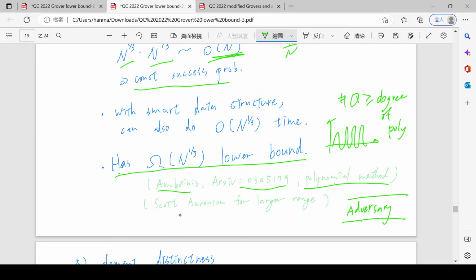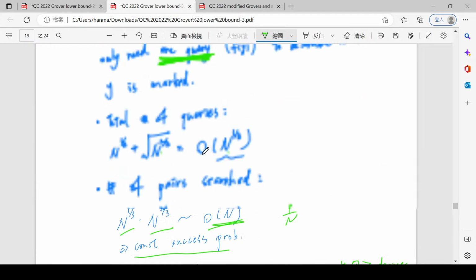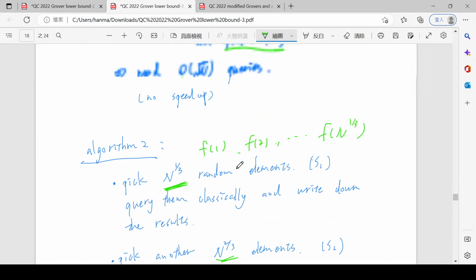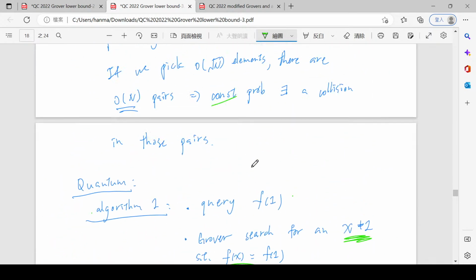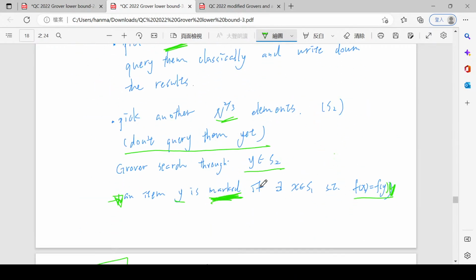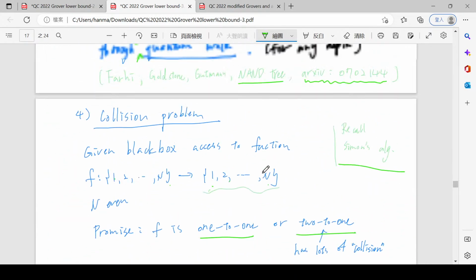There are also earlier papers that give an omega n to the 1/3 lower bound, but with a slightly different setting. We have been saying that in our collision problem, our function is from 1 to n to 1 to n. But for the lower bound, we need to relax our function to something bigger.